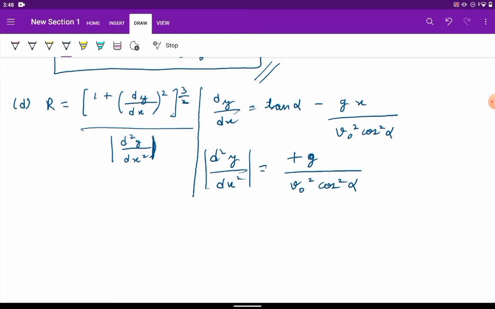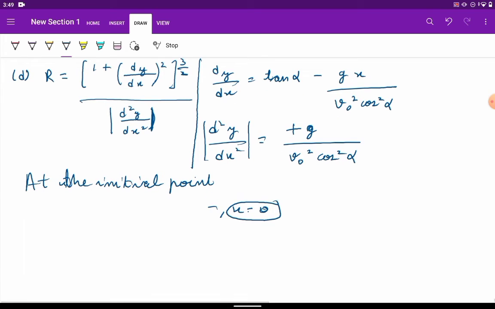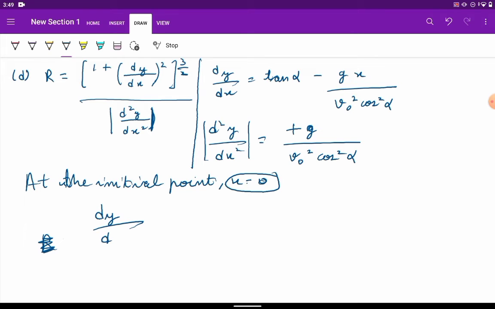So at the initial point, x is equal to 0, as you already know. So capital R, what would it be? Dy by dx at x equal to 0 is tan alpha.